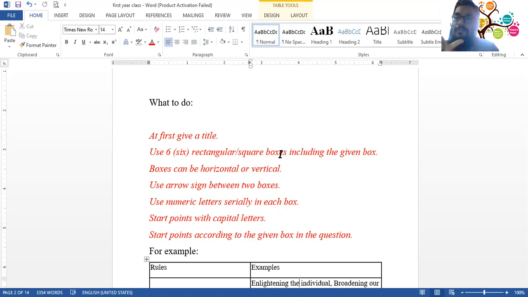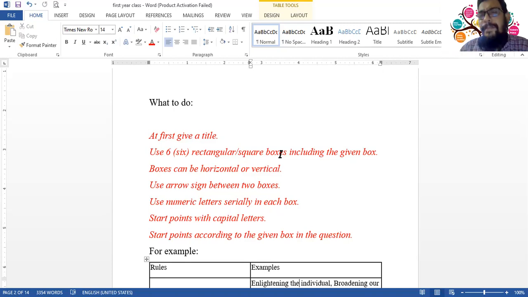It's a diagram. If you have to draw a tree and you don't give any leaves there, will it be a complete tree? So this flowchart is a diagram, and you must draw the boxes with your pencil.